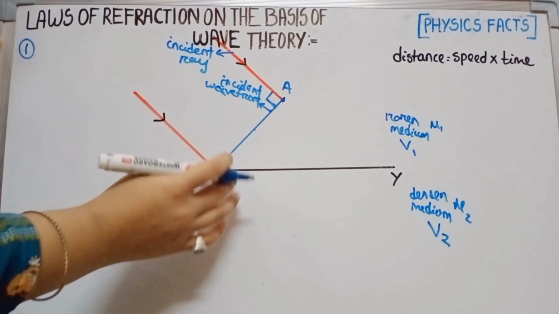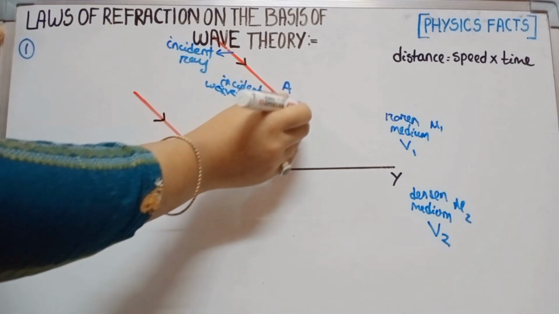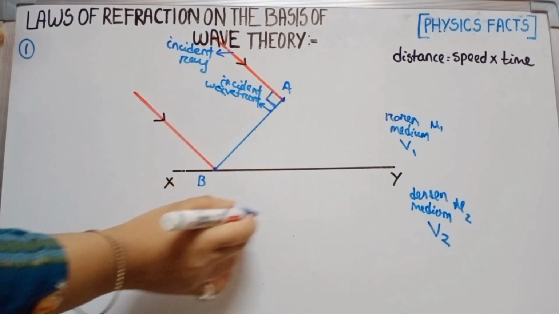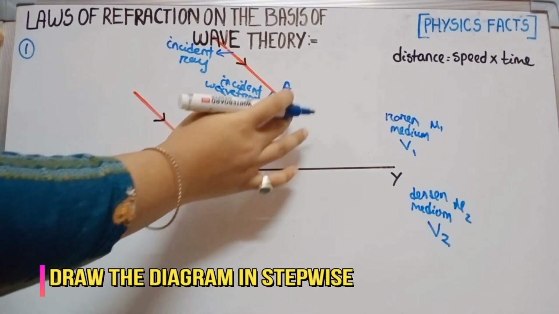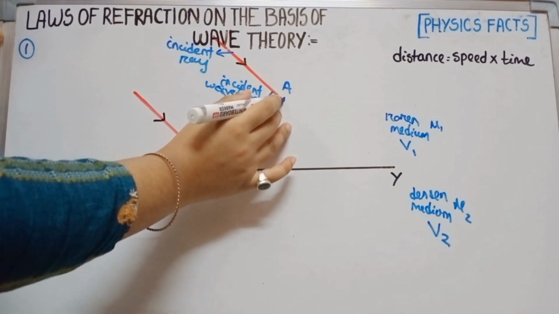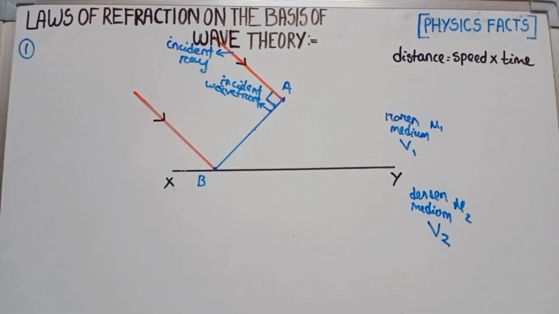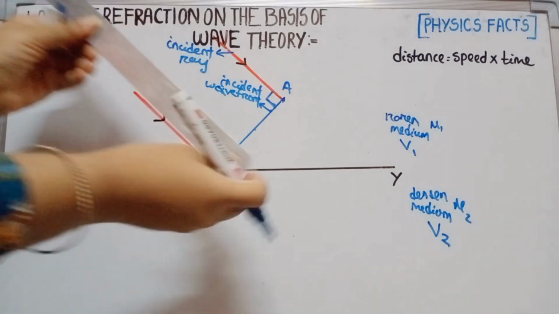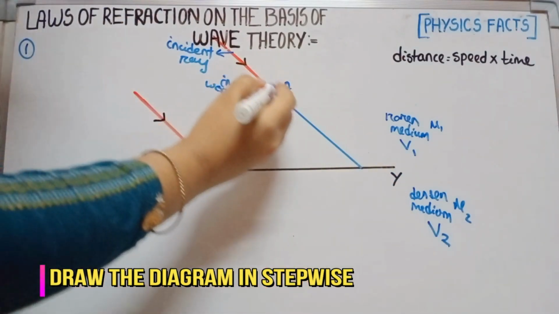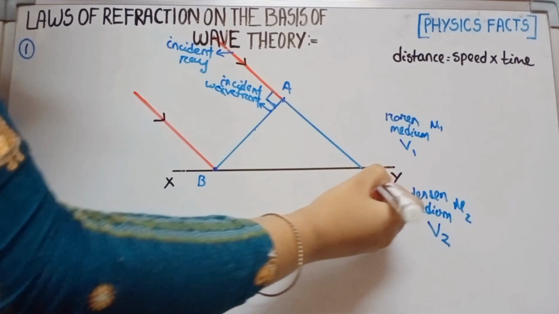Point A produces a secondary wavelet, and B also produces a secondary wavelet. Now this secondary wavelet starts from A and strikes the refracting surface at point C. Draw the diagram first. This is the secondary wave striking the refracting surface at point C.